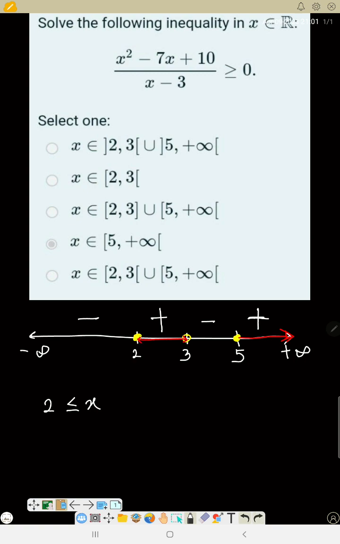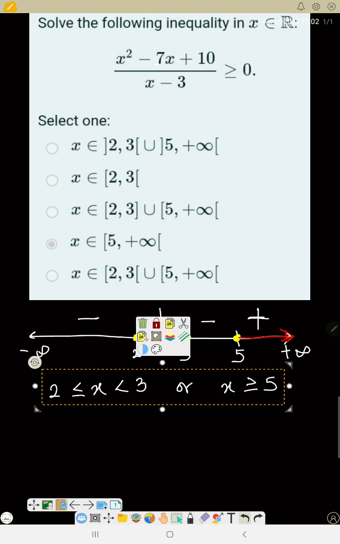Because 2 is included, 2 is less than or equal to s, and s is less than 3. Remember, this place is open, 3 is excluded because the denominator will be 0 and we don't want that in the question. So this will be 2 is less than or equal to s, or s is greater than or equal to 5.